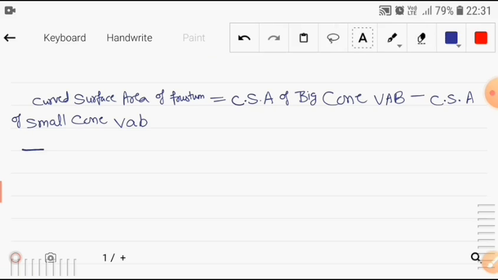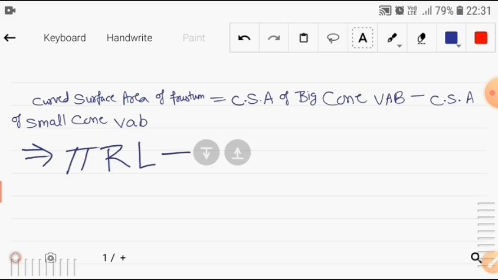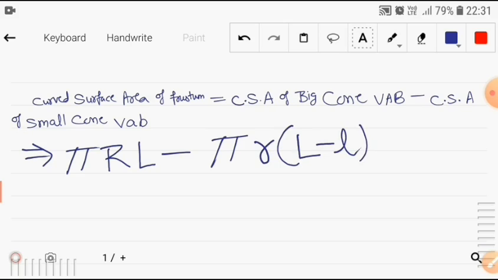Now the curved surface area of a cone has the formula pi r L. Okay, it is pi capital R and capital L, of the big cone, minus the curved surface area of the small cone. The formula of curved surface is pi small r, and the slant height is L minus l. I have already discussed this in the diagram.